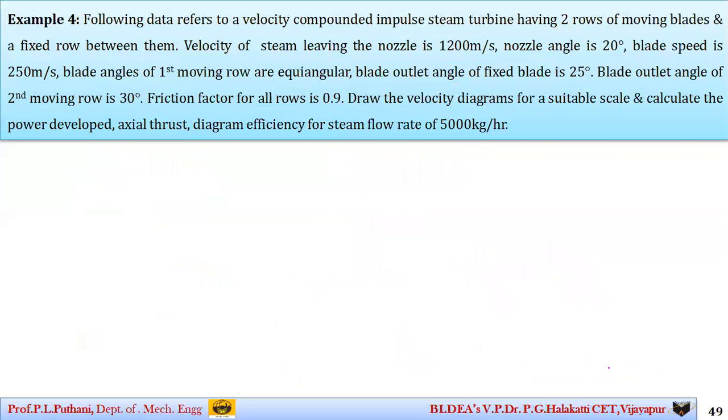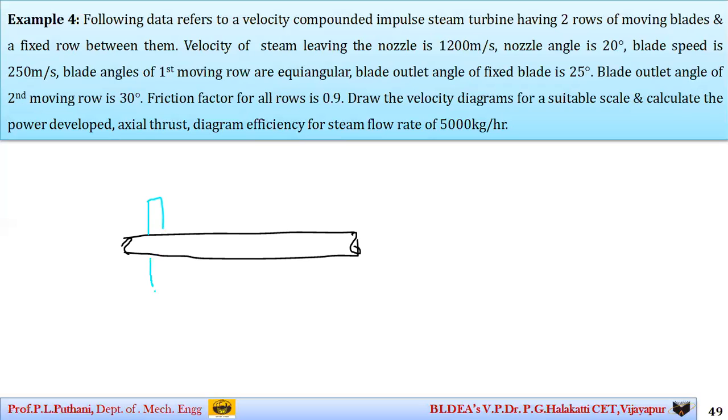Now, another very important point in this case is, always do remember that on a particular shaft, I am drawing a stage here, please observe. This is a shaft, students. On this shaft, I have fixed the moving blades. These are the moving blades.